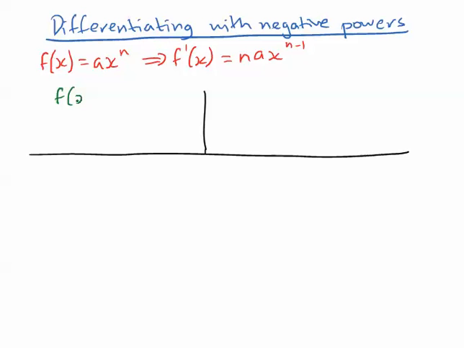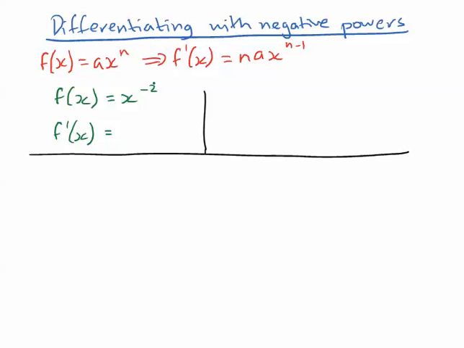So if we have an f of x with a negative power, all that means is that this exponent, the power of x, is negative. So in this case it's negative 2. And if we want to differentiate this, we're going to do exactly the same thing, but we have to remember that this is still a negative number.